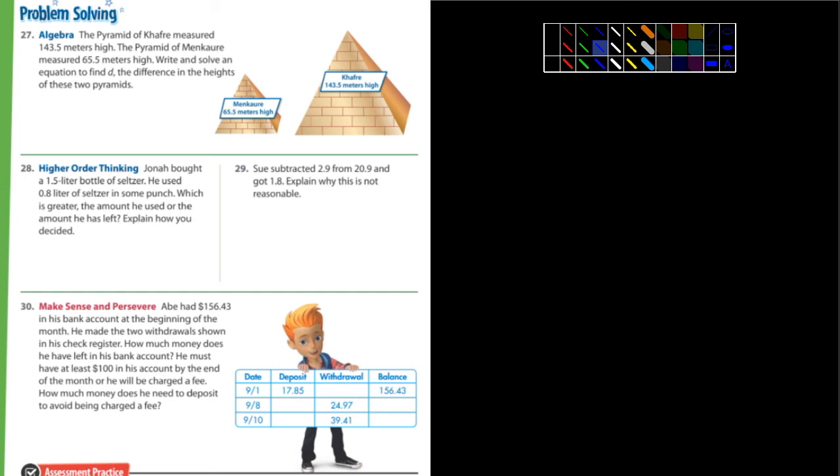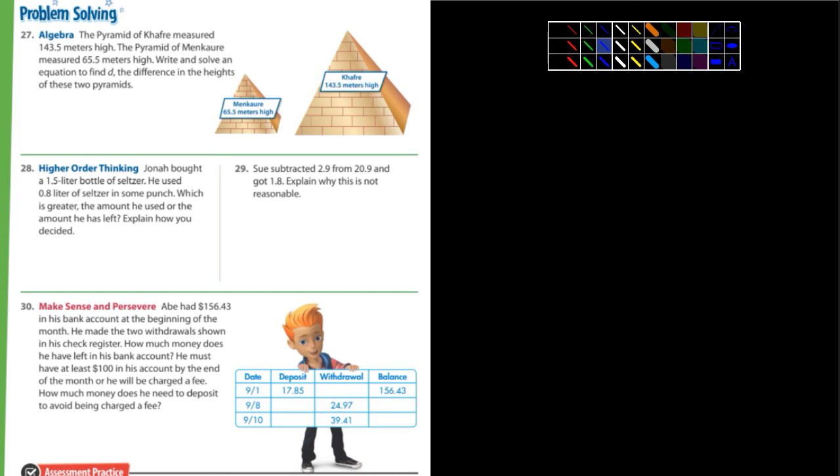Write and solve an equation to find D. And they tell you what D is, it's the difference, the difference, whoops, it's not what I wanted. Come on, I want a highlighter. There we go. D is the difference in the heights of those two pyramids.